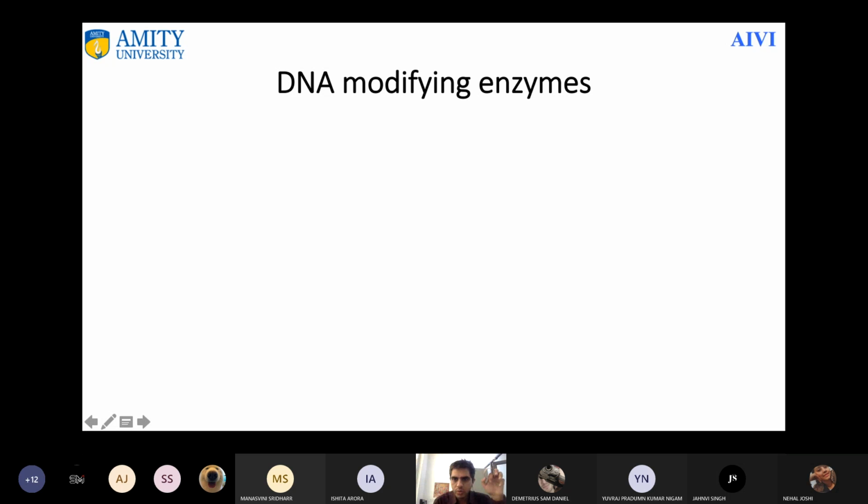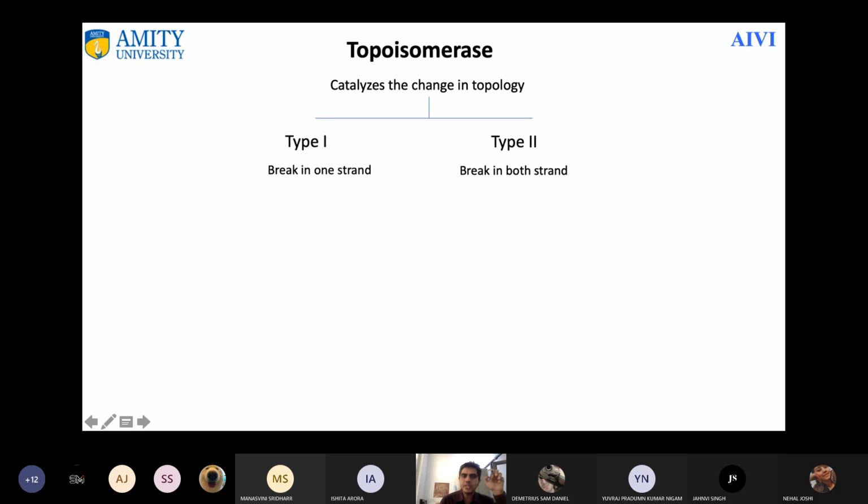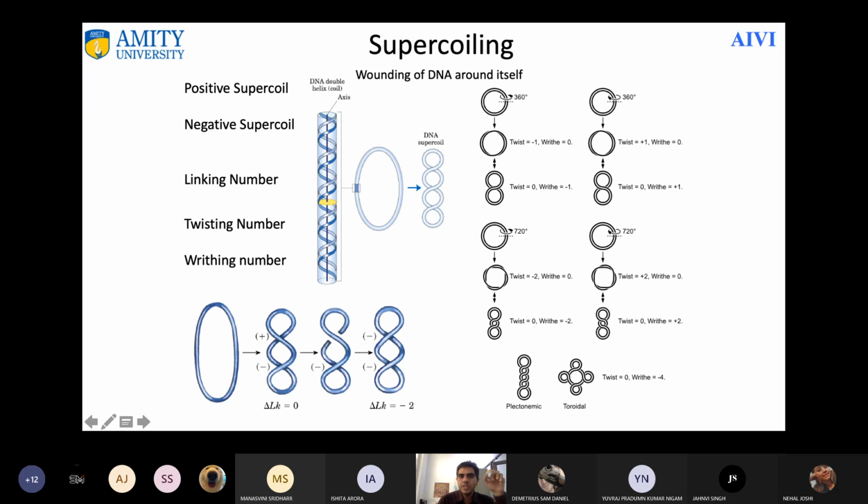Yukta also wants to ask how do we calculate writhe. Writhe is simply, as you can see in the image, as it twists like this, this is one writhe. How many times it is crossing the axis, we call that the writhe.